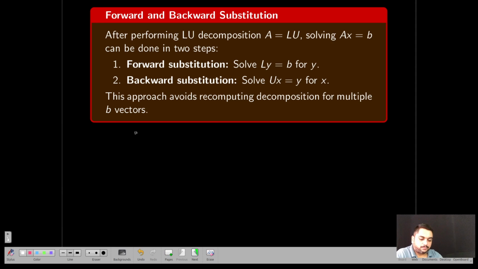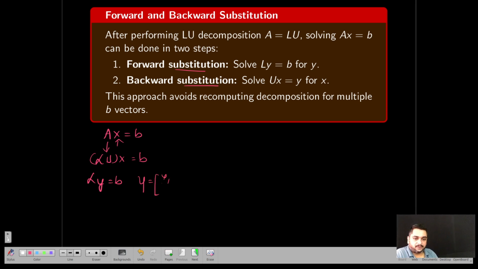Now we'll apply LU decomposition to solve a system of linear equations. What you are finding is Ax equal to b, so I'm finding x. Now this A, you split it as LU, so LUx equal to b. How will you find it? Using forward substitution and backward substitution. First you solve Ly equal to b and get the y vector, y1, y2, y3.